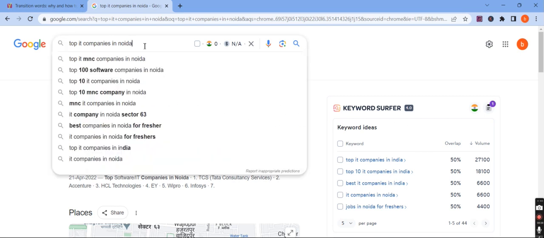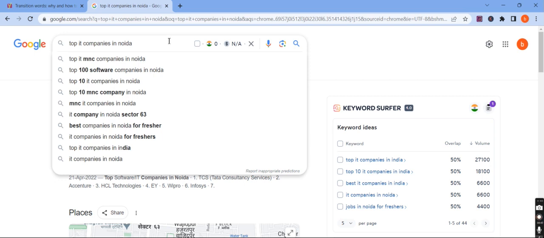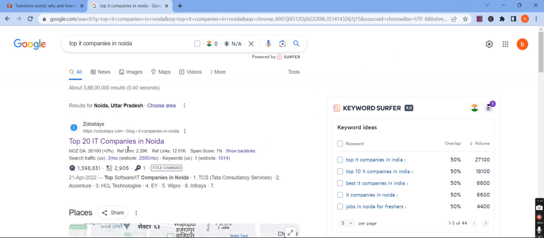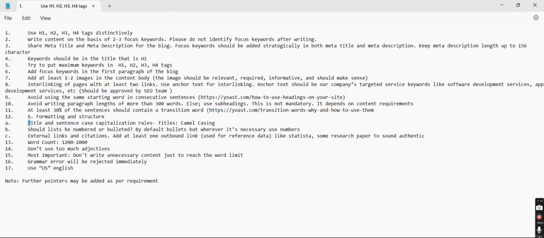As it is a long tail keyword, basically you may not get that, but for a particular location, if you don't get the volume, don't get deterred, because there is a blog available on the internet, so there is a high probability you will get traffic. Your job will be to optimize your blog and see whether it gets ranked, and these guidelines will help you do that. But target the related keywords as well.